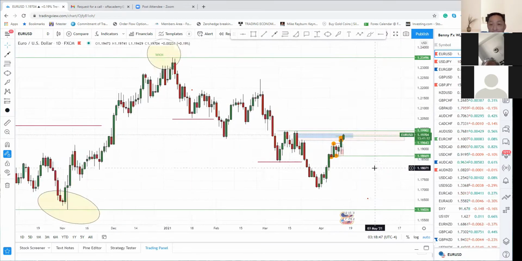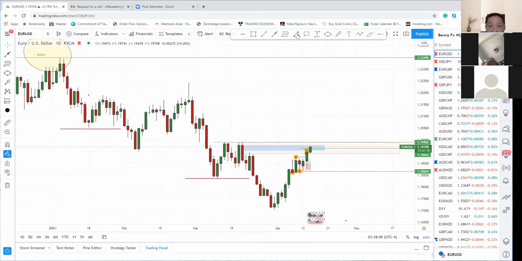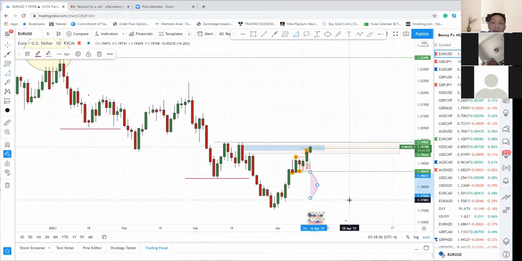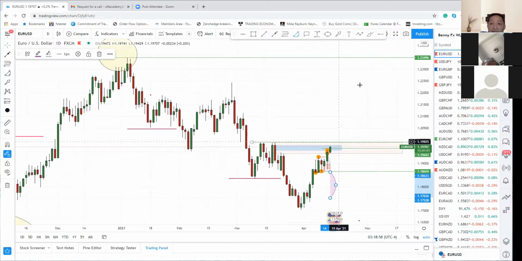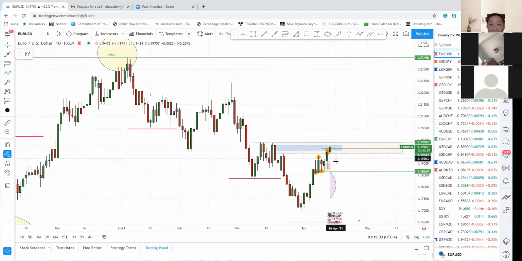But in the meantime, we also see there's a lot of gaps. You can see that these two ERC represent gaps. This little blue zone here is also a gap, right? The price already filled the gap. So we might see something like this happen.